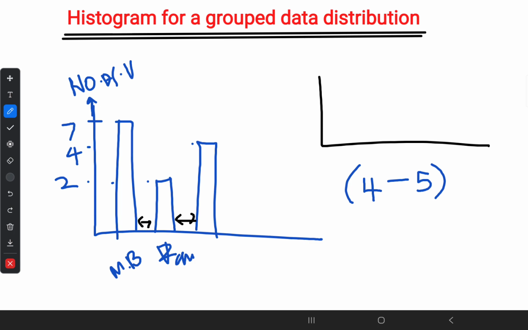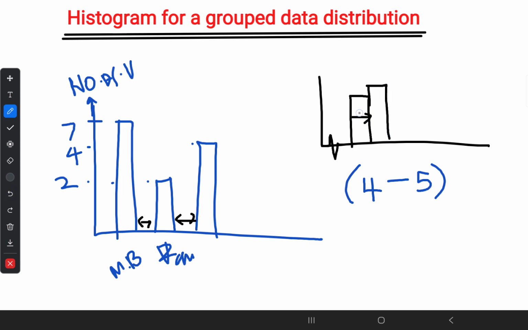In an actual histogram, it does not always start from the vertical axis itself. Sometimes it might start from the middle, but between the bars there is no distance at all.